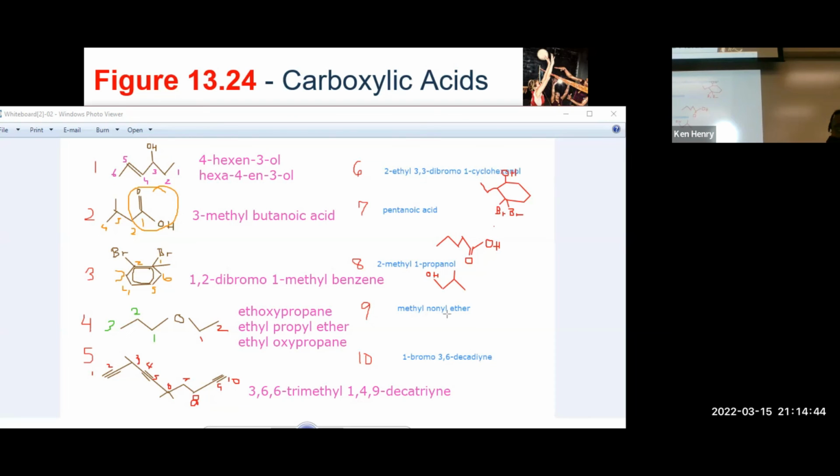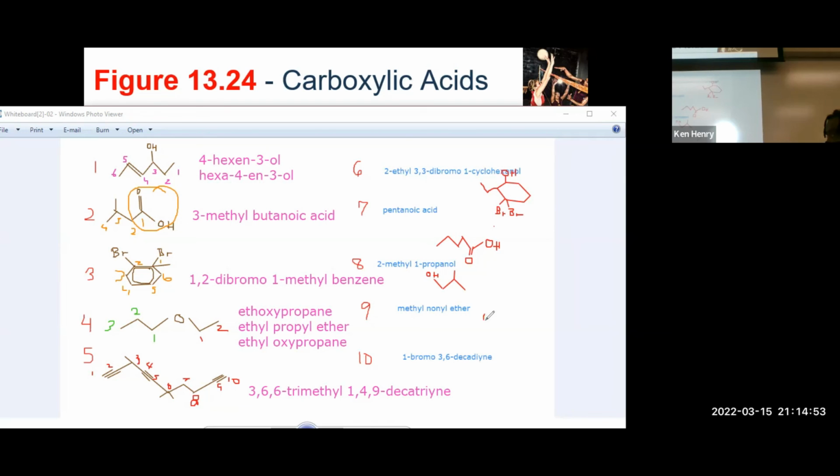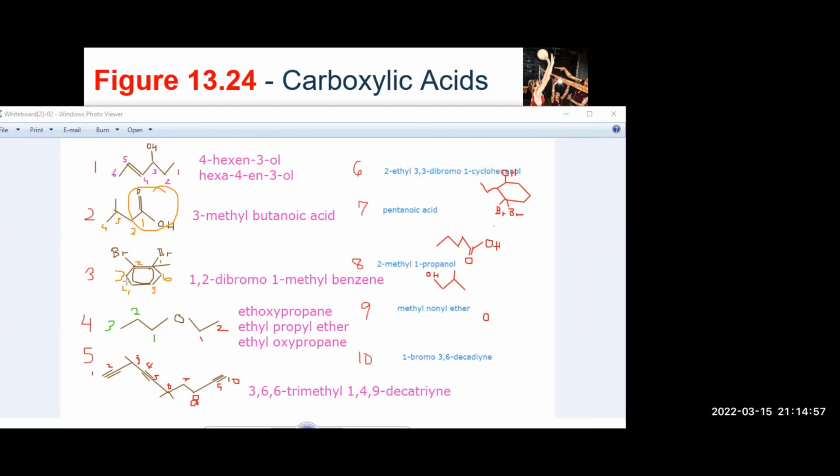Methyl nonyl ether. What is that going to look like? It's going to have an oxygen in the middle, and 9 carbons.